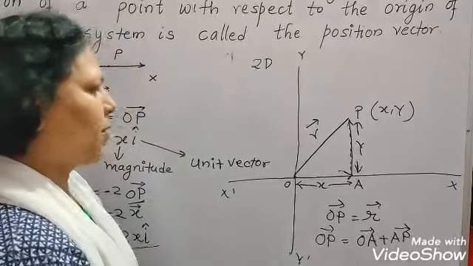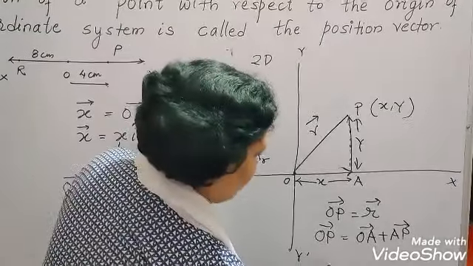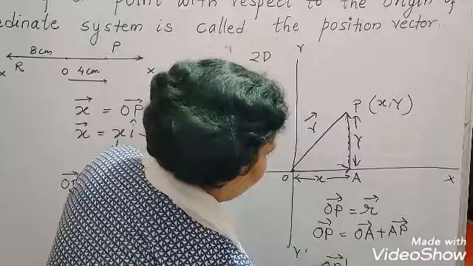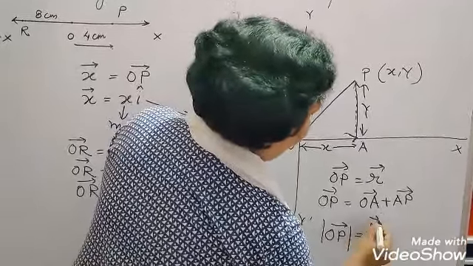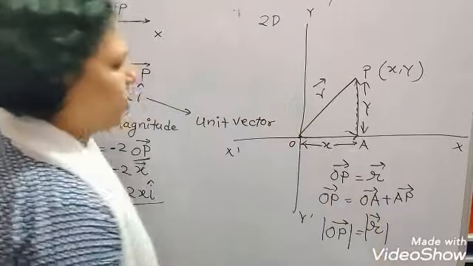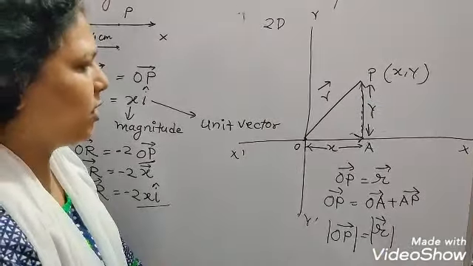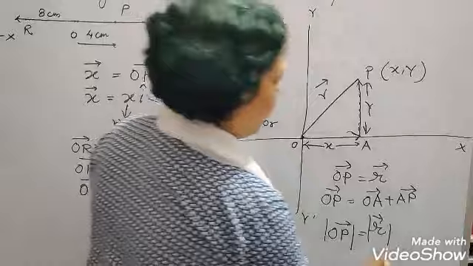Now if we talk about the magnitude of vector OP, or the magnitude of the vector R, what is it equal to?